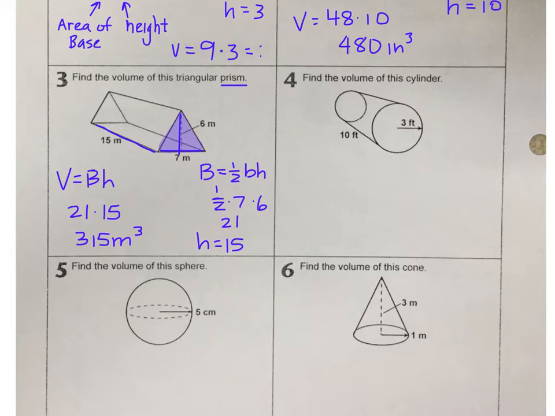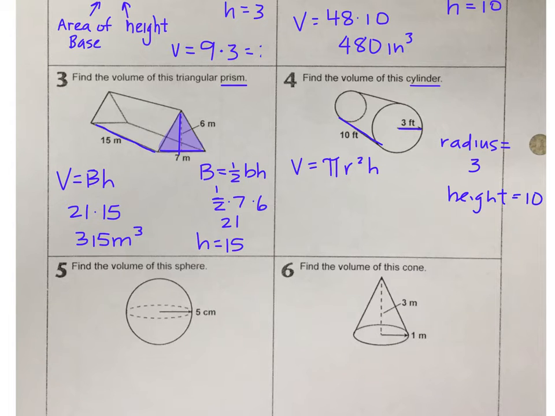We have to use a different formula for this one. We're finding the volume of a cylinder. If you look on that paper that I showed you at the very beginning, it'll say volume equals pi r squared h. R is our radius, h is our height. Our radius on here is half the circle, so it's 3. Our height is the length of the cylinder, which is 10.